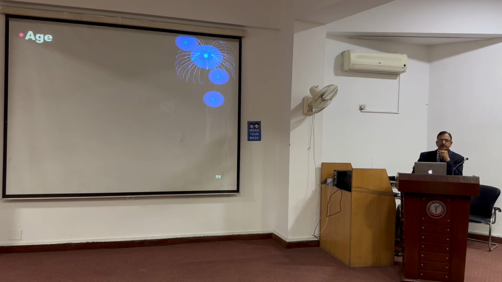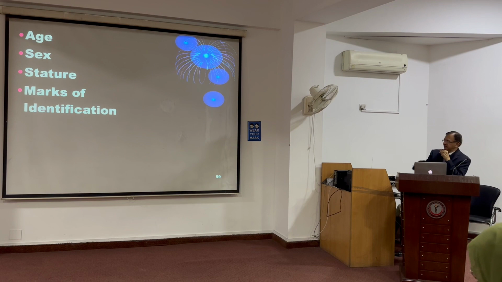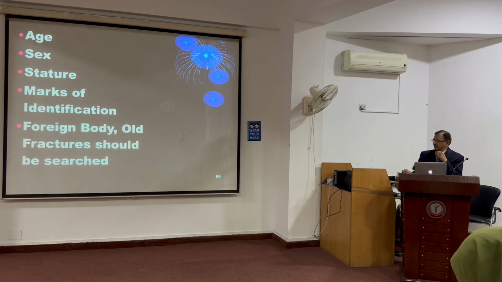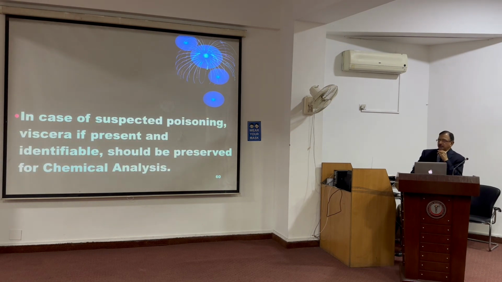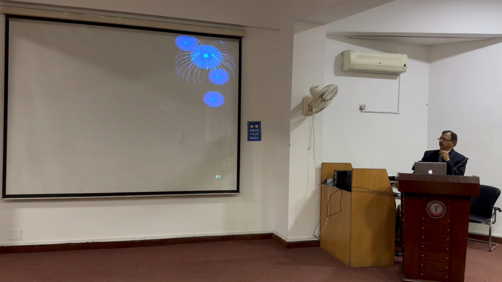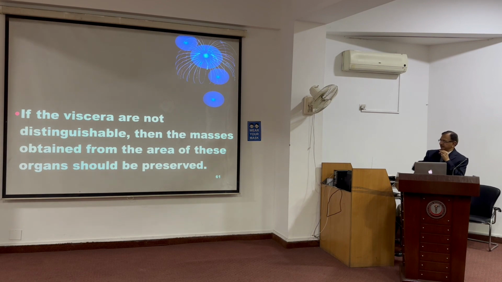They have told us the age, but the doctor's job is to determine the age, sex, race, stature, marks of identification, and any foreign material, foreign body, bullet or fracture can be recovered. And if there is any allegation of suspected poisoning, then a list of viscera is sent to the chemical examiner for determination of poison.